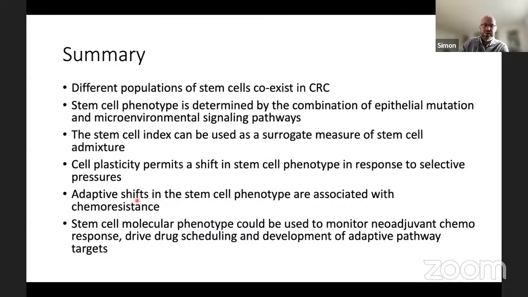So what we believe is that the stem cell molecular phenotype could be used to monitor neoadjuvant chemo response, allow us to develop a whole new load of drugs to inhibit the adaptive pathways, and really make us think carefully and titrate our drugs according to the molecular phenotype, which I think is far more responsive than the clinical phenotype that we measure at the minute, which is really based on cross-sectional imaging.